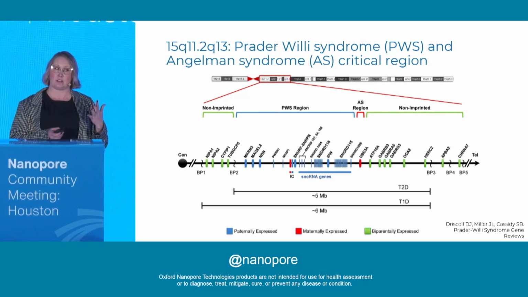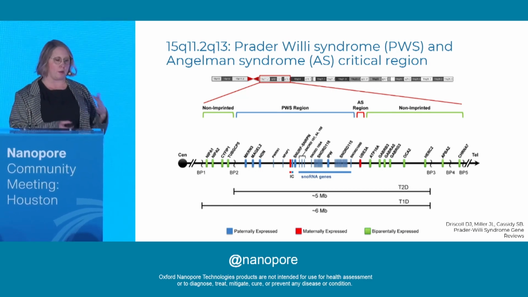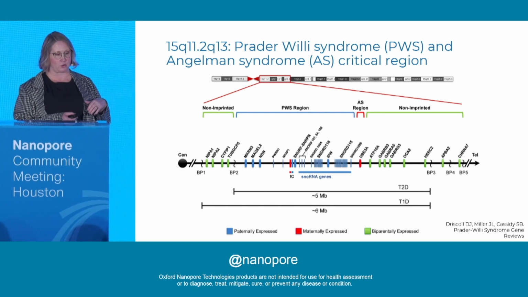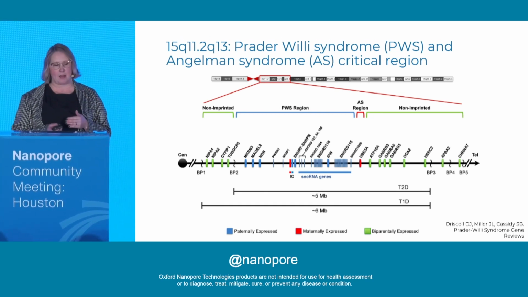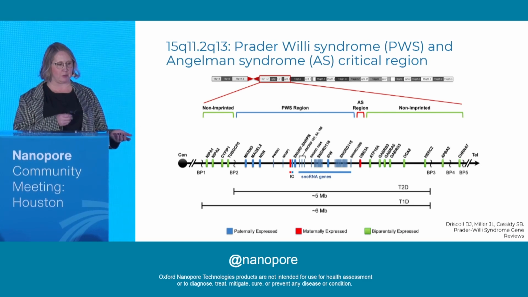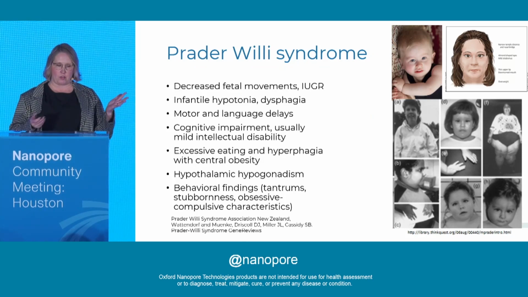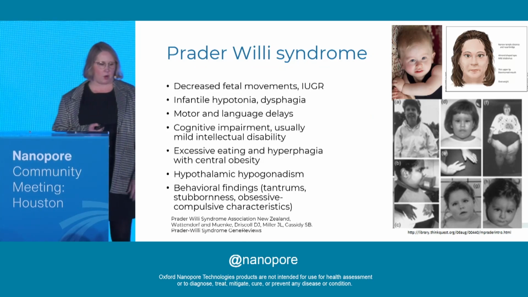When you have differences in this, it can result in one of these two imprinting disorders. So Prader-Willi syndrome is the absence of the paternally expressed genes, whereas Angelman syndrome is the absence of the maternally expressed genes.